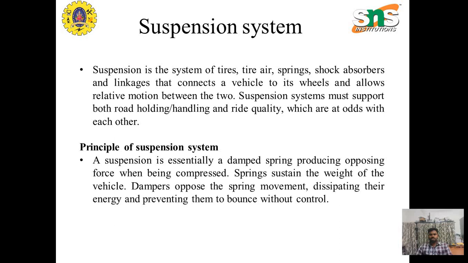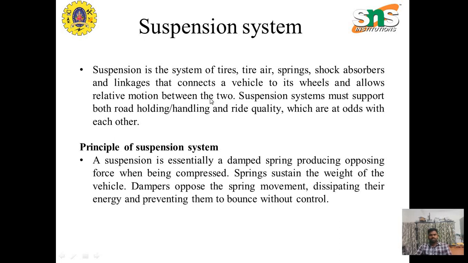So after the transmission system, the suspension system holds a unique working principle in the automobile vehicle. In the suspension system, we have components like a spring and a shock absorber, so that we can have a smooth suspension in the automobile vehicle.